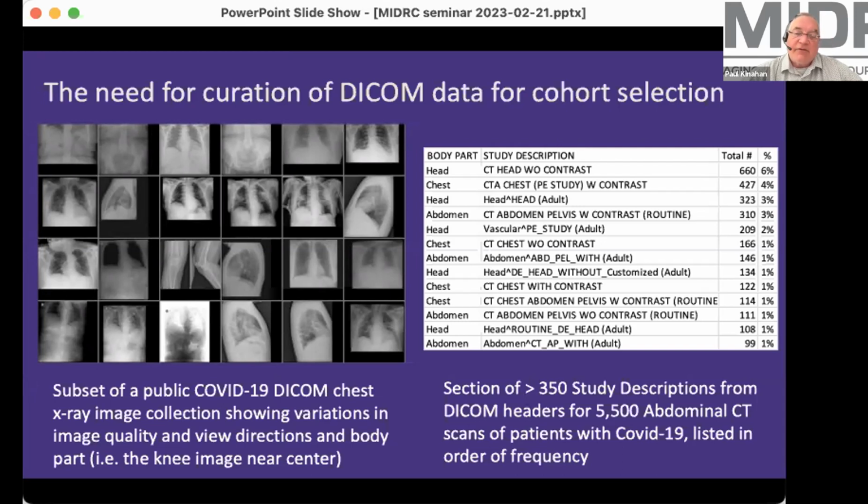From that list of 5,500, there were over 350 different study descriptions, and you can see them listed here under study descriptions, as well as the percent of the total. So you can see that there's a long-tail distribution in the study descriptions that are being used here. These are just listed in the order of frequency.